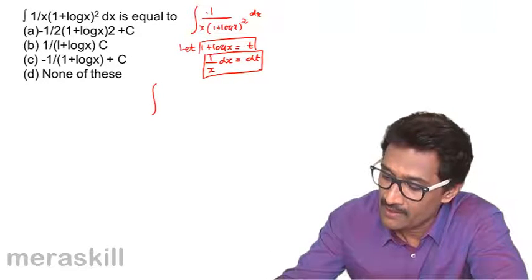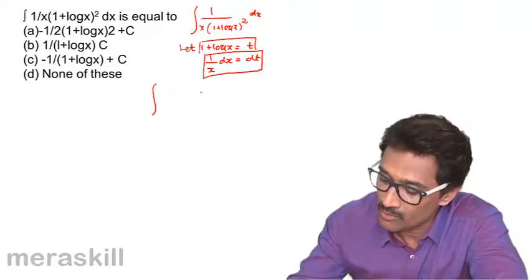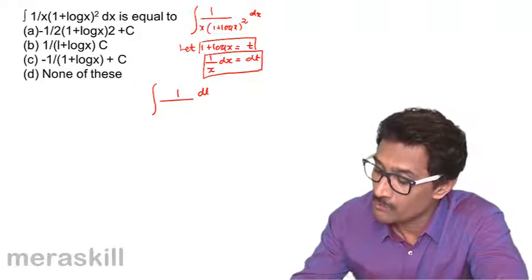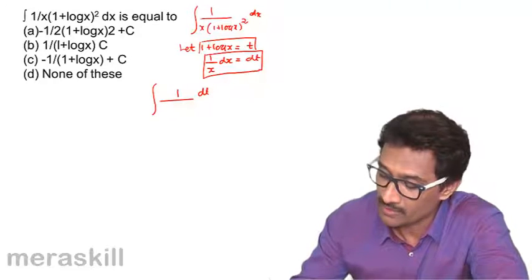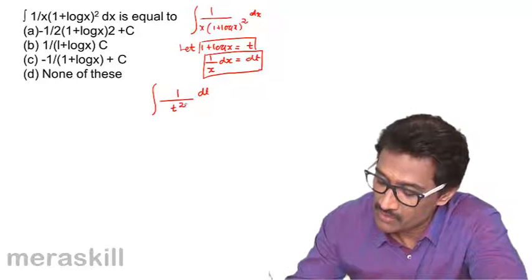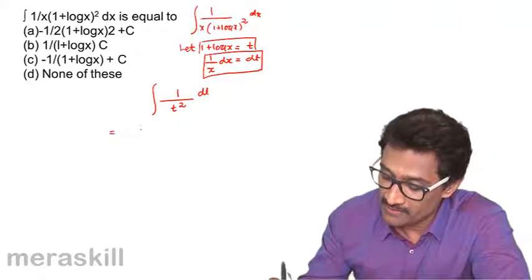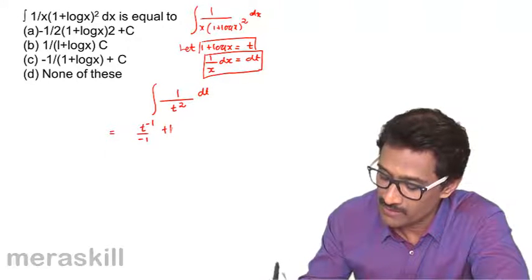So the integral of (1 by x) dx, the whole thing becomes dt into 1 upon (1 plus log x) the whole square, that is t square. So eventually this is nothing but t raised to minus 1 upon minus 1 plus k.